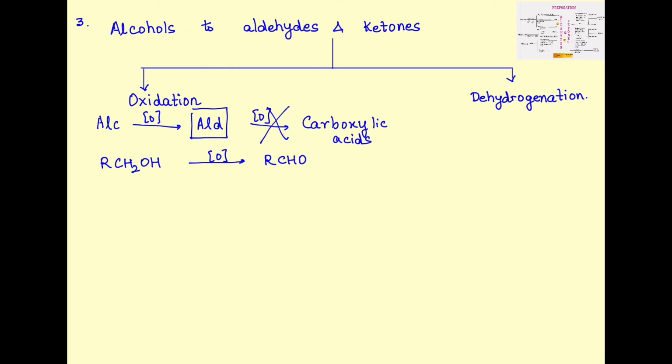So let's suppose that the boiling point of the aldehyde is T Kelvin. So what we do is we distill off. We keep the temperature of the reaction mixture a little above T Kelvin. So distill off the aldehyde from the reaction mixture before it gets oxidized.